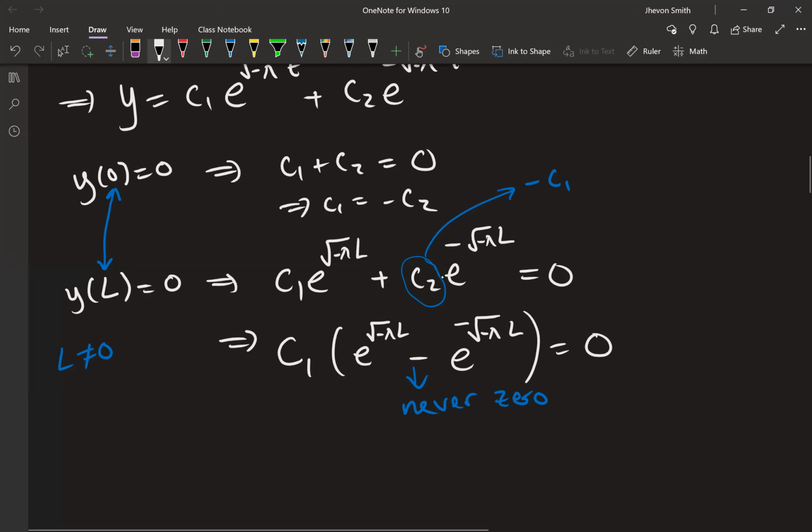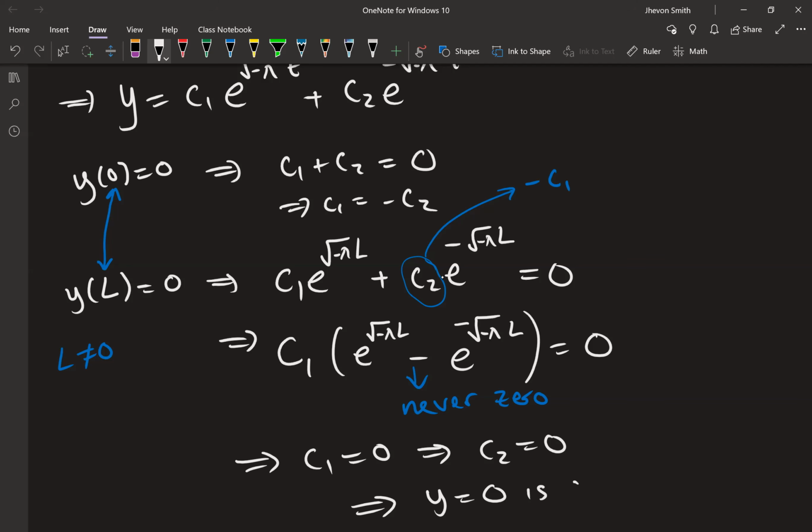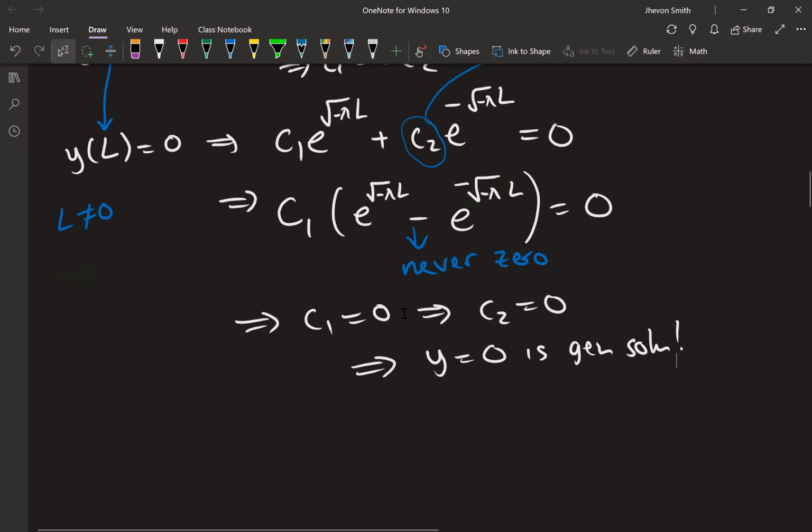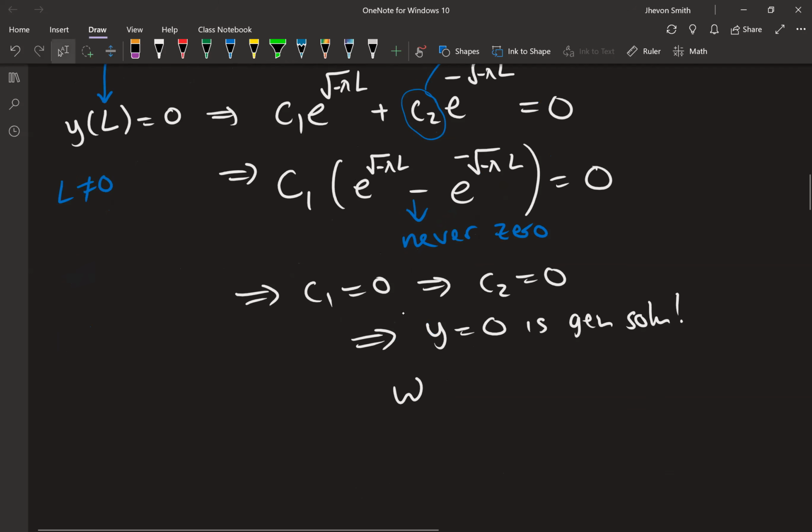And so that would imply that C1 equals 0, which also implies that C2 equals 0, which implies that y equals 0 is the general solution here. However, again, that's a trivial solution. We don't care. So that is case 1.